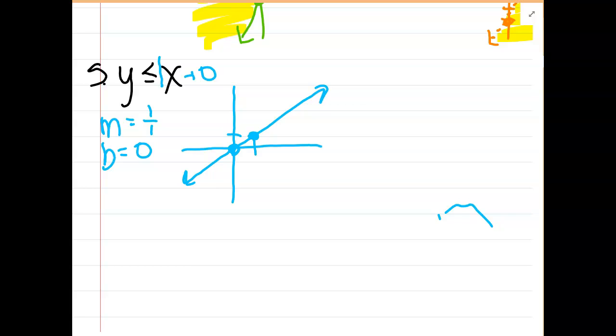And then lastly, it's a less than, so we'll shade above or below. So it's really not a whole lot different from graphing equations. 2 differences, solid or dotted line, and then shade above or below. Okay, just a few more. Okay, number 6 says y is greater than or equal to -1.